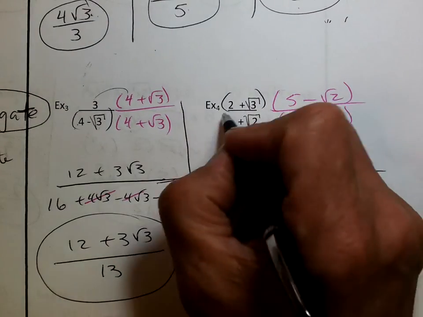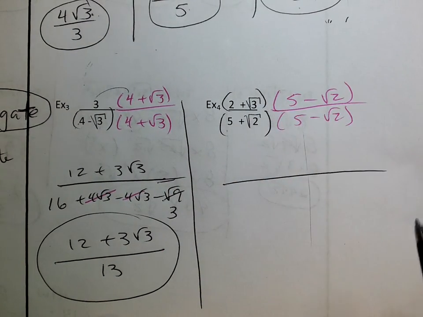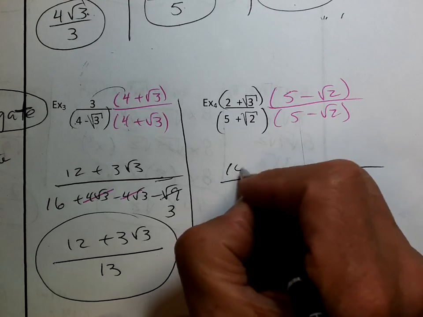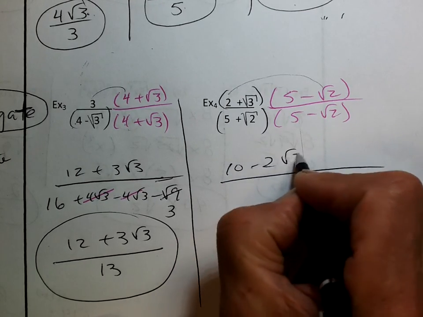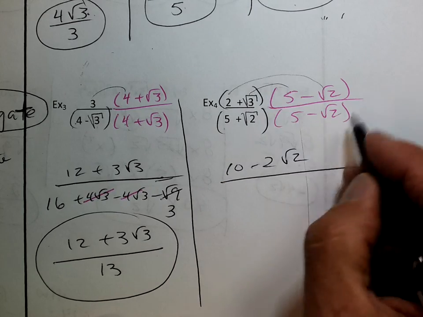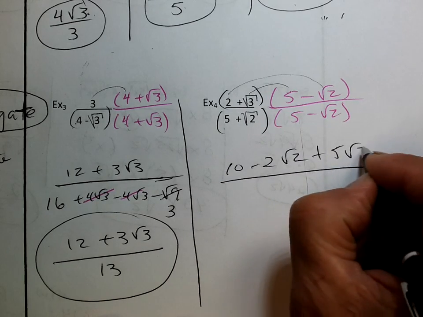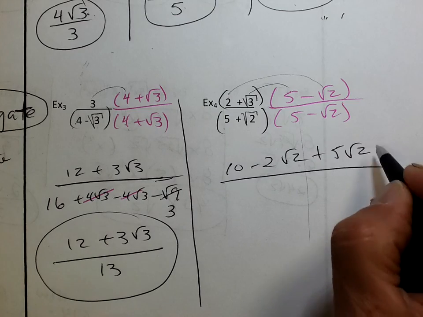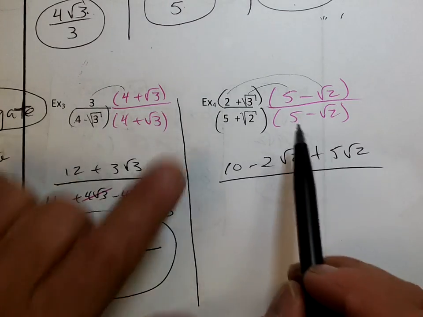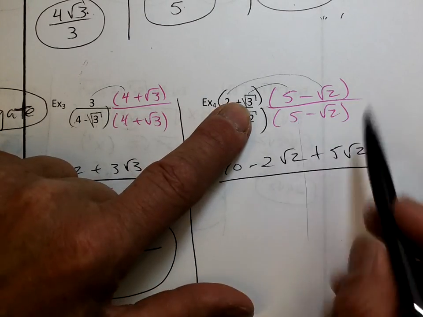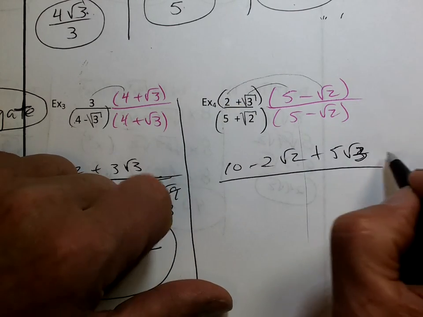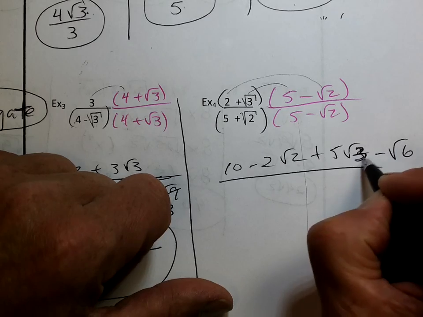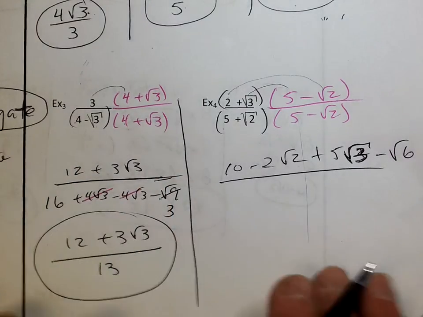I will get 10 minus 2 square root of 2 plus 5 square root of 3. Uh-oh. Hold on. Sorry, my bad. Minus the square root of 6. Whew, almost made a mistake. I hate making mistakes. Okay?